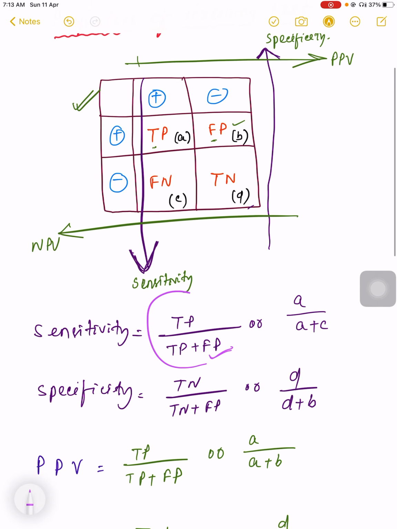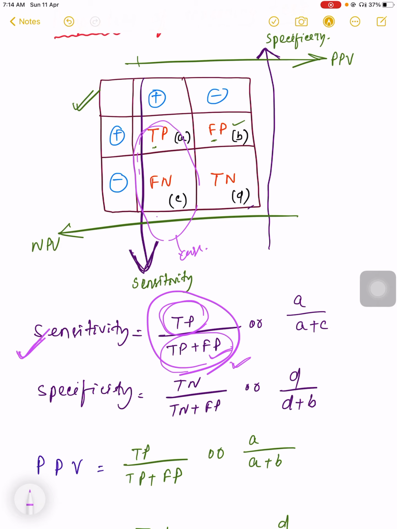This is the formula, right? So how can you derive the definition from this formula? See, these two are cases, right? So the number of true positive cases from all the cases is known as sensitivity.